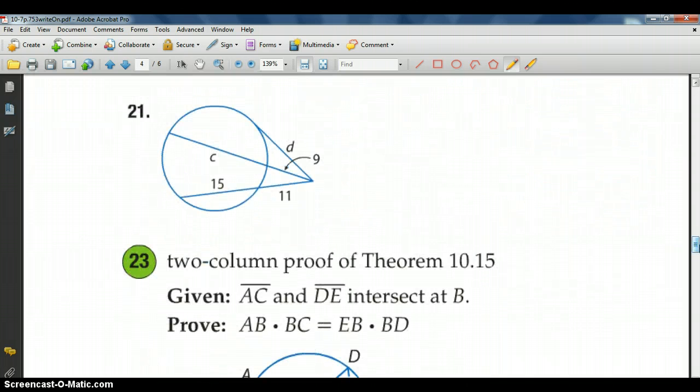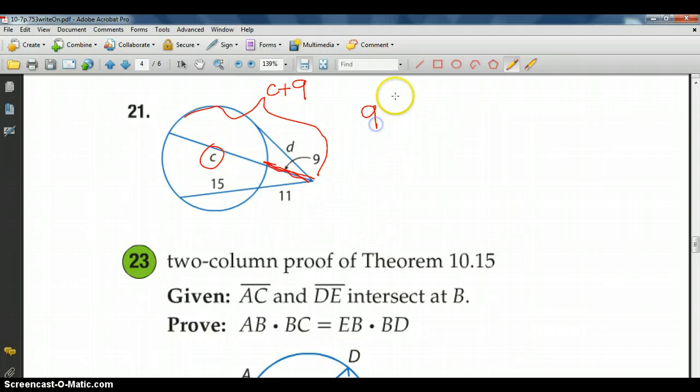On 21, we have two variables. It doesn't matter what variable we solve for first on this one, so we'll just go ahead and solve for c first. So c is part of this secant, so the entire secant there is c plus 9, and the outer part of that secant is 9.